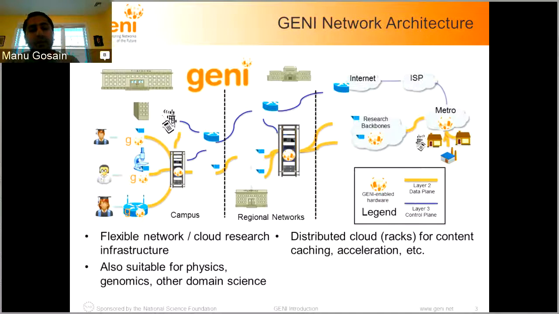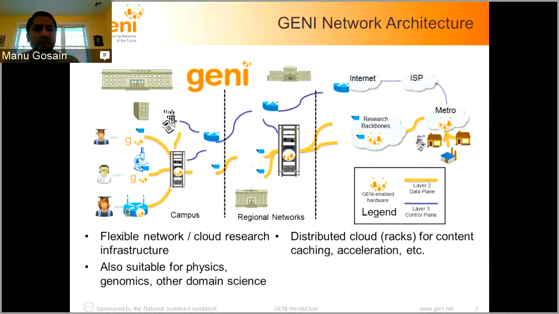So at campuses, there are resources which are called GENI racks, which is basically a data center type resource, which has plenty of compute server nodes, a programmable OpenFlow switch, and then it has connectivity on the data plane into other racks that live upstream in regional networks. So from a campus in a particular university, all the way up to a regional network, and then all the way into a research backbone, which in this case is Internet2.